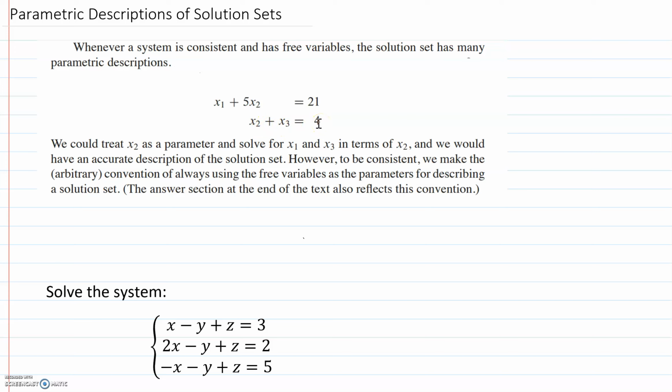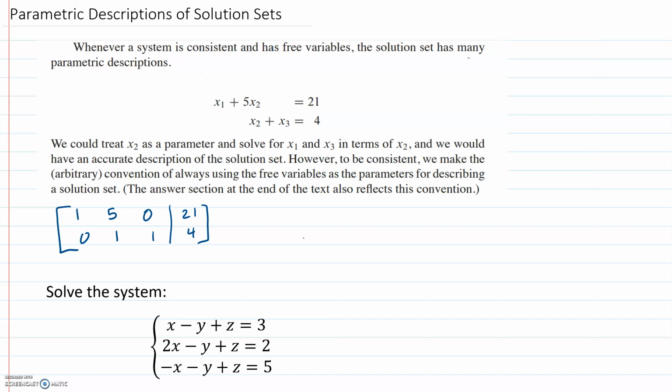If I wrote this in an augmented matrix, here is the augmented matrix with rows 1, 0, 5, 1 and 0, 1, 1, 4, with the last column 21 and 4. This matrix is in echelon form, but it is not in reduced echelon form.